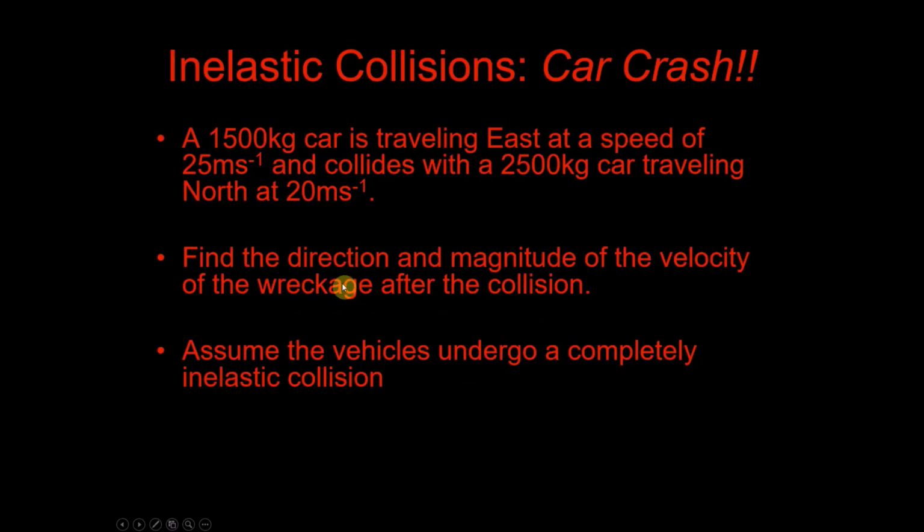We want to find the direction and magnitude of the velocity of the wreckage after the collision. We're assuming these vehicles undergo a completely inelastic collision. What we mean by that is there's two discrete masses with two discrete velocities before the impact, but two masses added together times some common velocity following the impact.